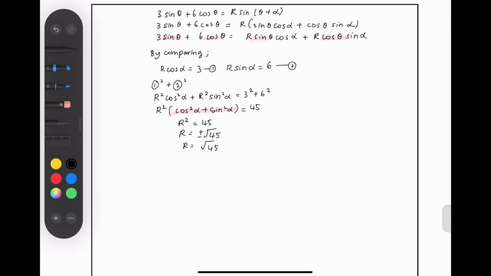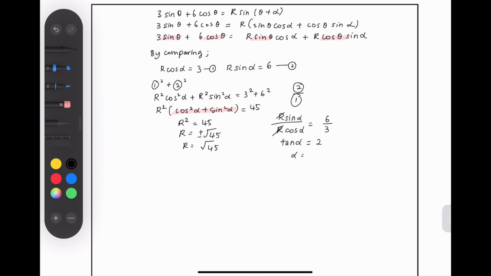To find tangent, we're going to do equation 2 divided by equation 1. It's going to be r sin alpha over r cos alpha equals 6 over 3. R cancels out, so sin alpha over cos alpha will be tangent alpha. So tangent alpha equals 2.